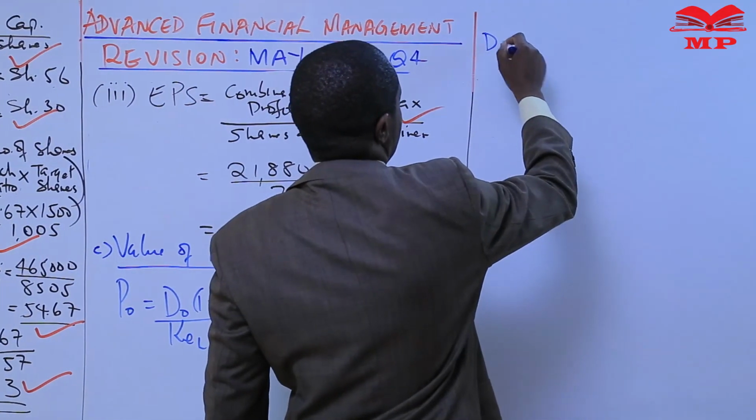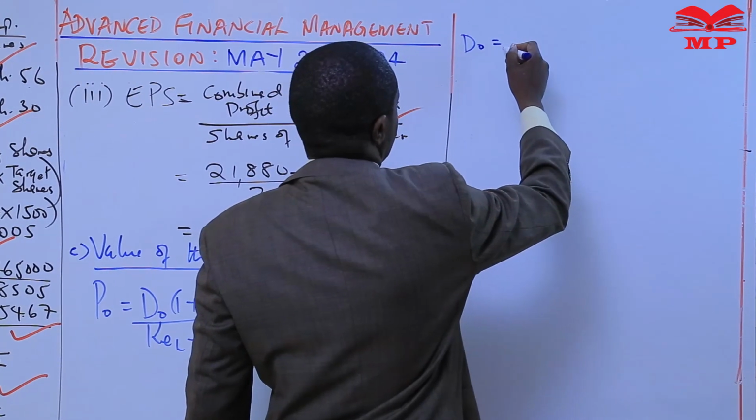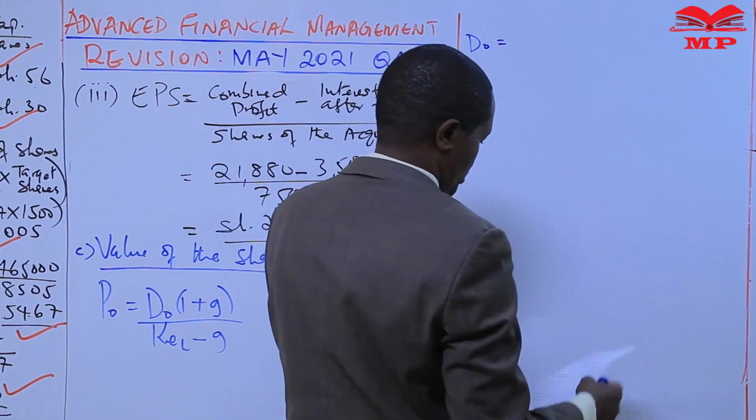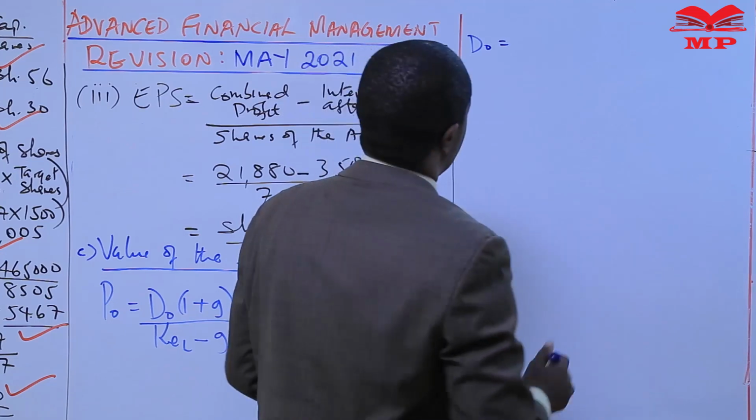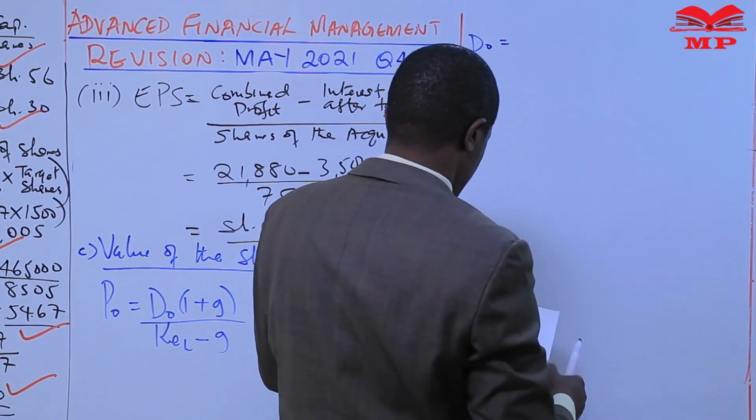Dividend per share D naught: we will use the information given to calculate it.